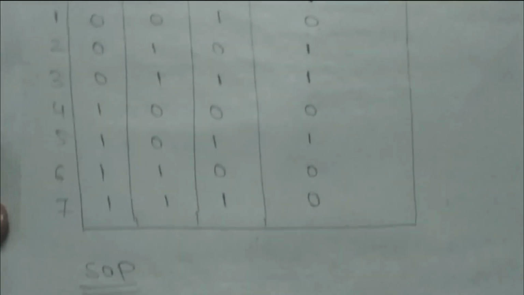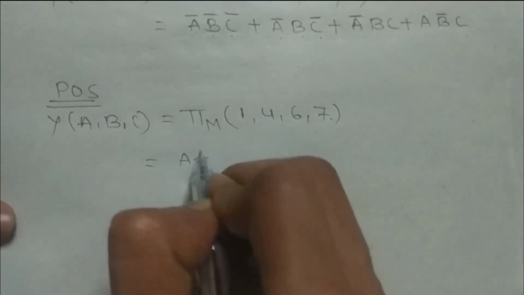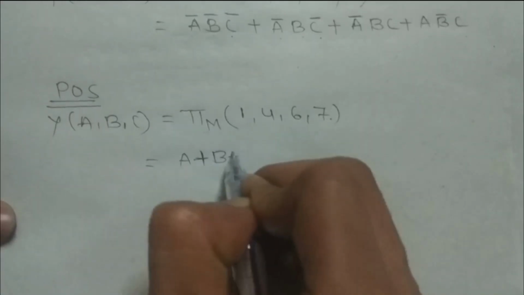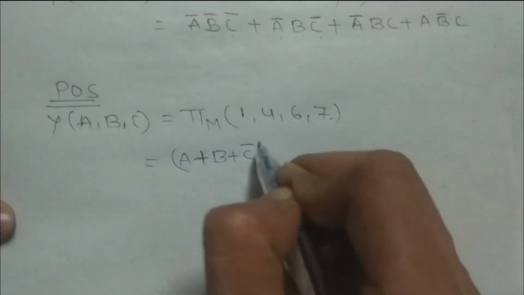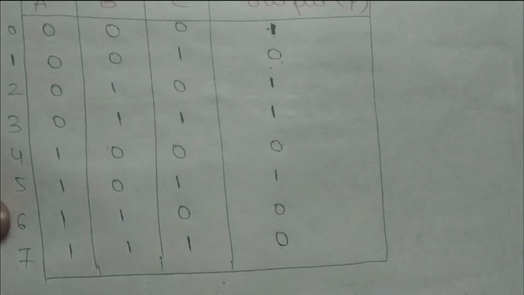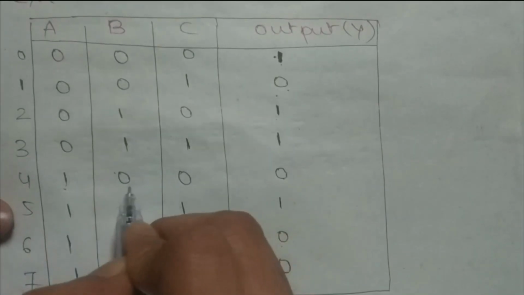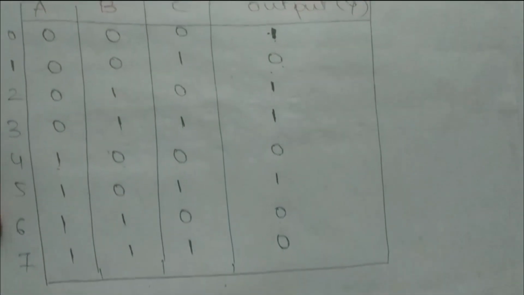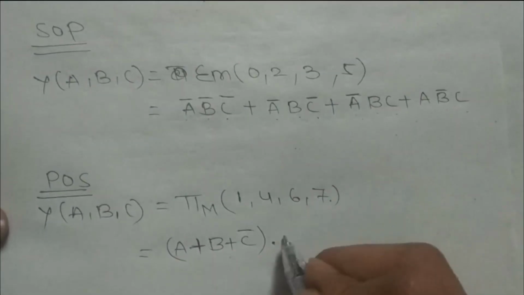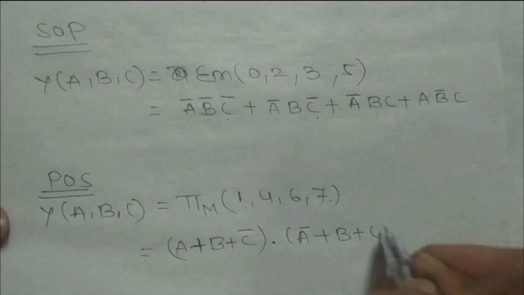So this is one sum term we got. Next, 4. For 4 it will be A bar plus B plus C.